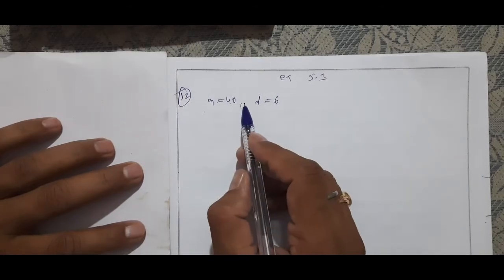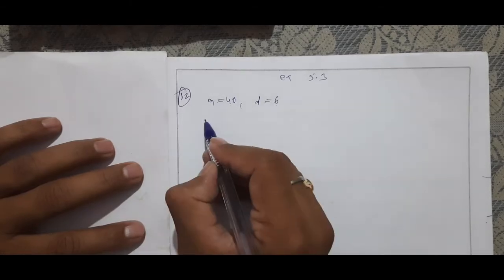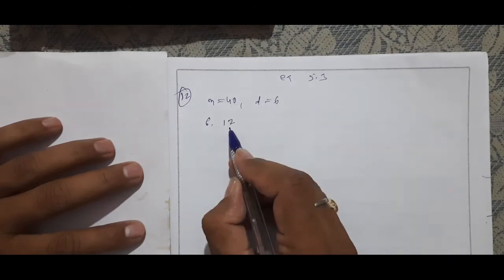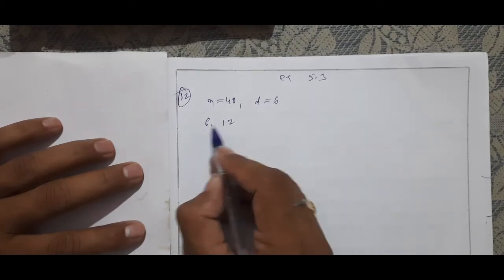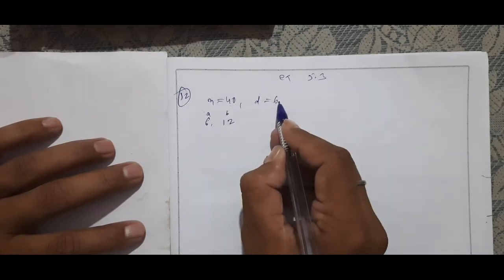First we have to know the first number which is divisible by 6. The first number is 6, then the second number divisible by 6 is 12. So A value is 6 and D value is 6.